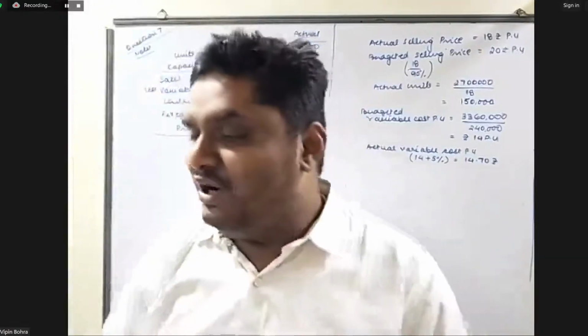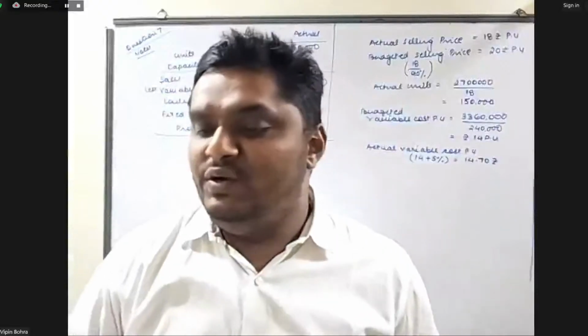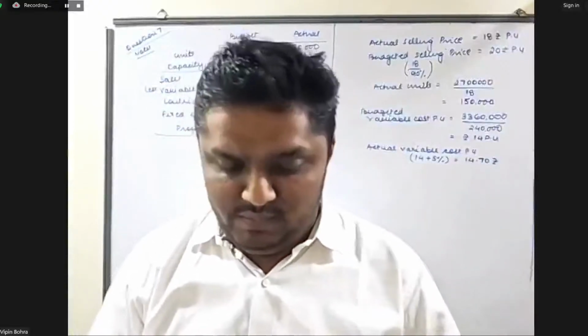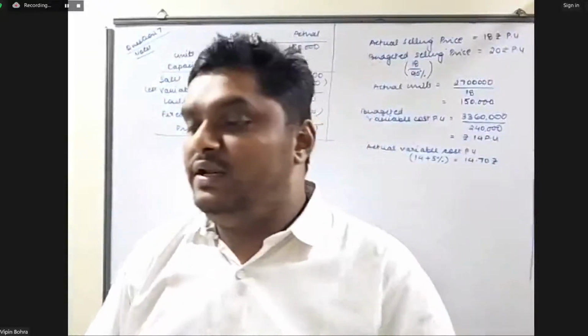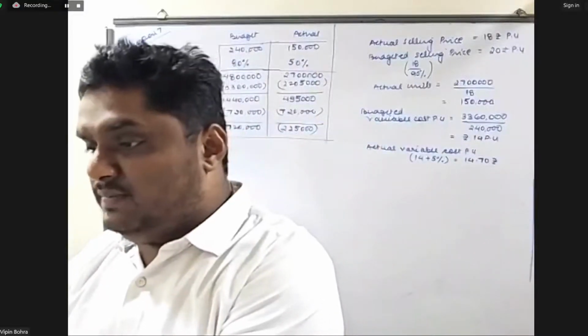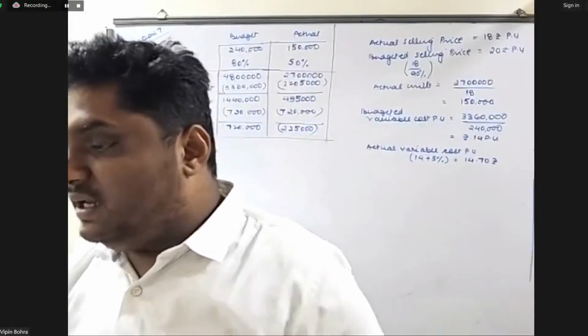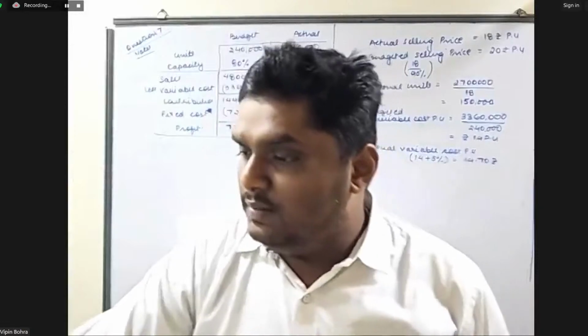So this question is not tricky, but the point is you have to read the question carefully and then you have to solve the question. Anyways, if you guys have any doubts, you can please post your query.